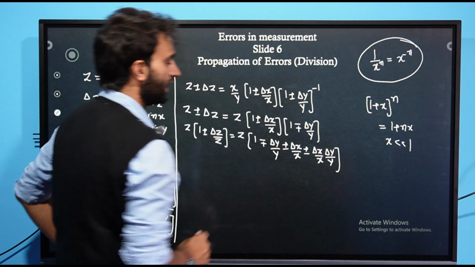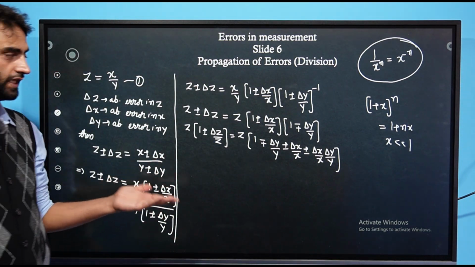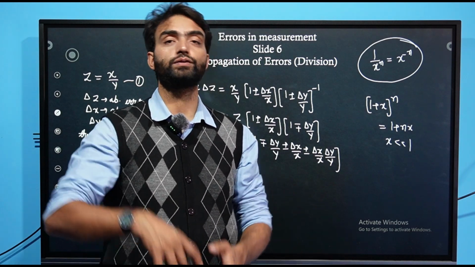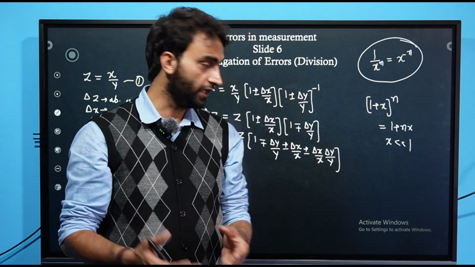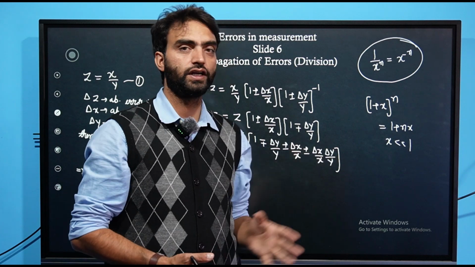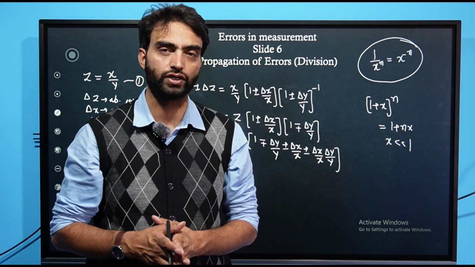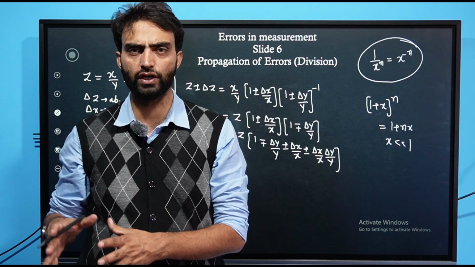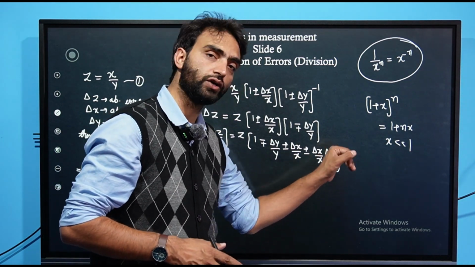Okay, now again you can see this delta x is a very small quantity, delta y is a very small quantity. When we divide it by x multiplied by y, then it becomes a much smaller quantity. So if this delta x multiplied by delta y is already a small quantity, and we divide it by a much bigger quantity, won't it become much smaller? So then we can neglect this part over here.